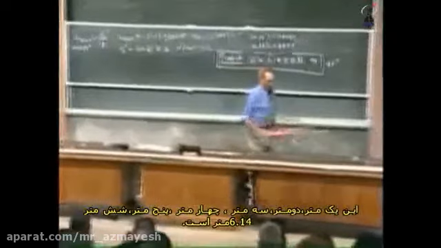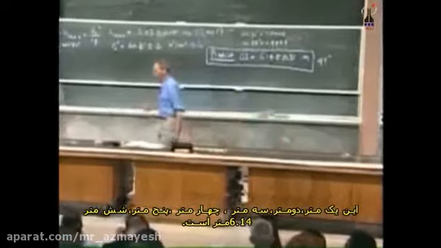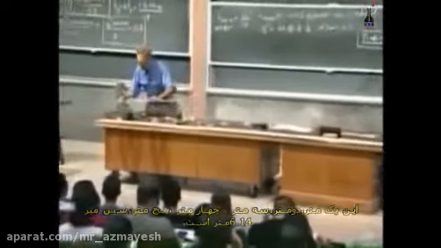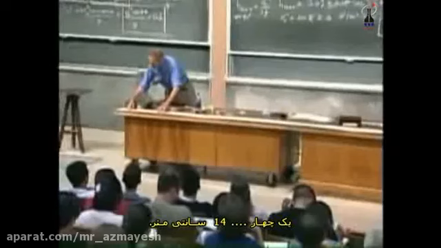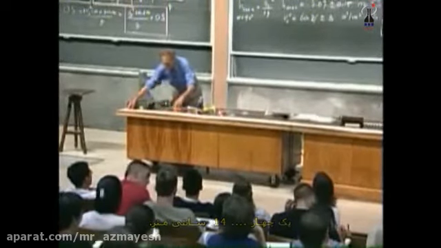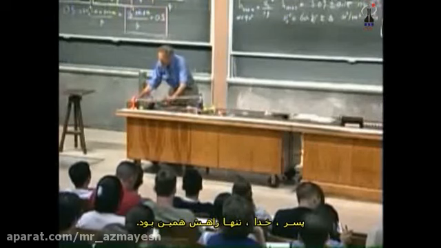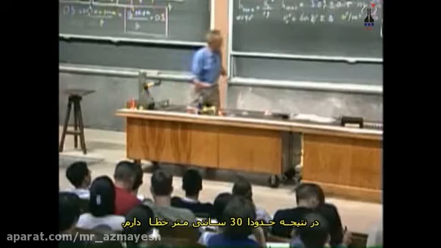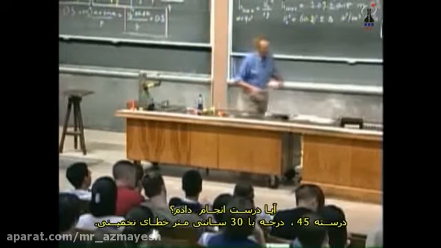This is 1 meter, 2 meter, 3 meter, 4 meter, 5 meter, 6 meter, 6.14. 14 centimeters. My God, it's all the way here. And then I allow for an error of about 30 centimeters. Did I do that right?